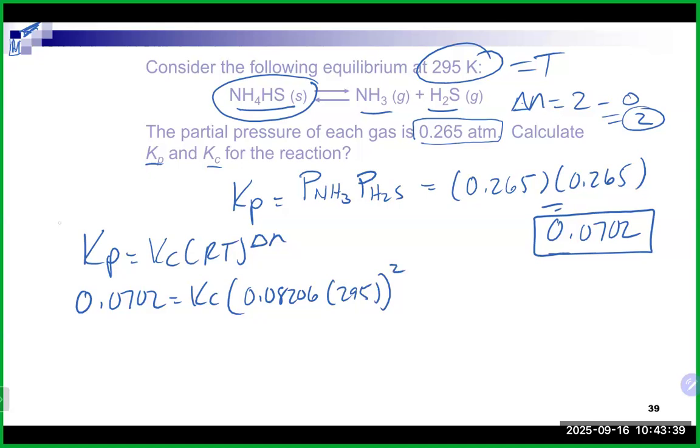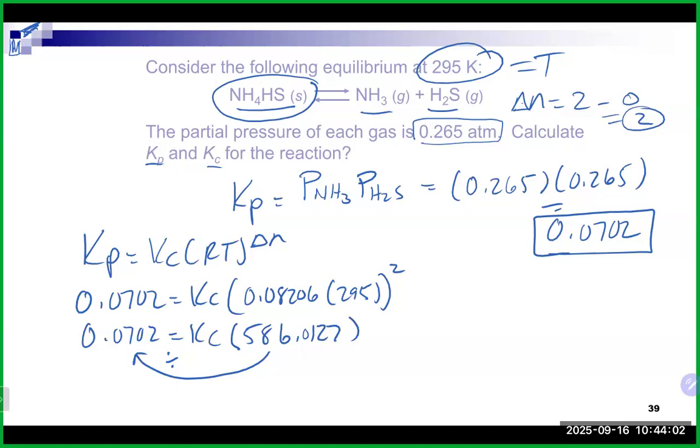If I clean up the right-hand side, it looks like we are at 0.0702 equals Kc times 586.0127. Then divide that to the other side: 0.0702 divided by 586.0127 gets us a Kc of about 1.20 times 10 to the -4, I believe, in this case.